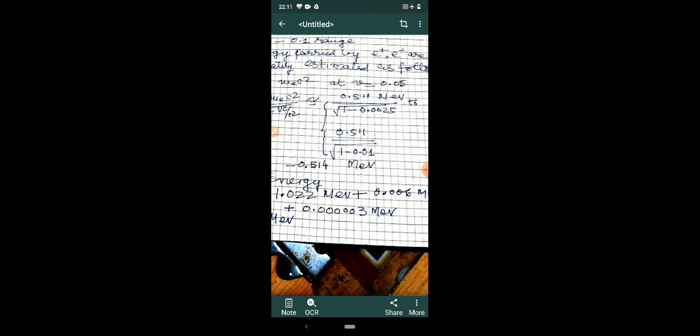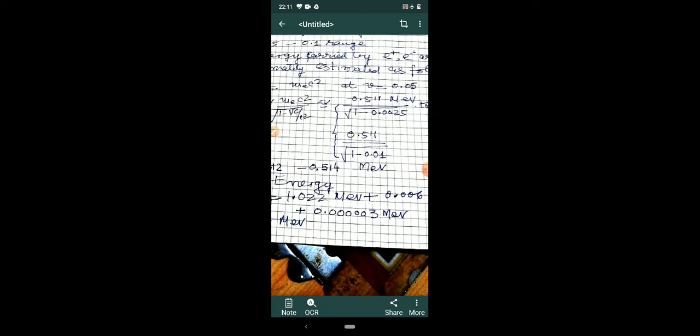Then 0.006 MeV is the energy of the pair due to kinetic energy, and 0.000003 MeV is the recoil energy taken or siphoned out by the recoiling nucleus.